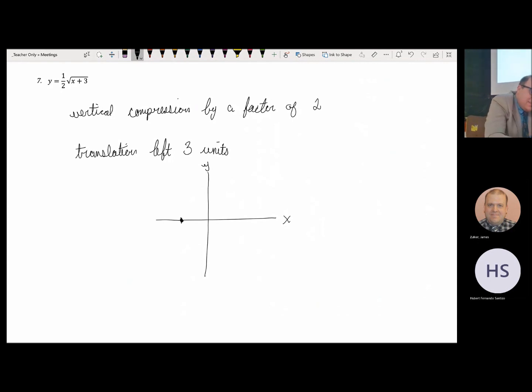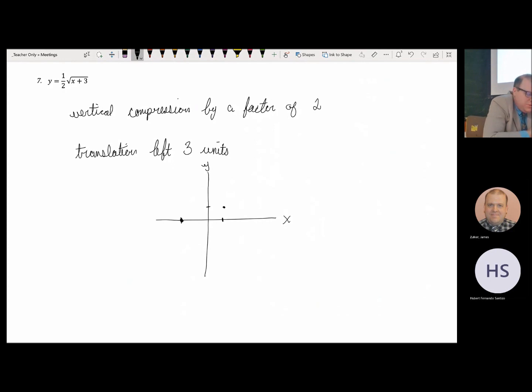So when x is 1, y is 1. That's root 4. Root 9 would be 3/2.